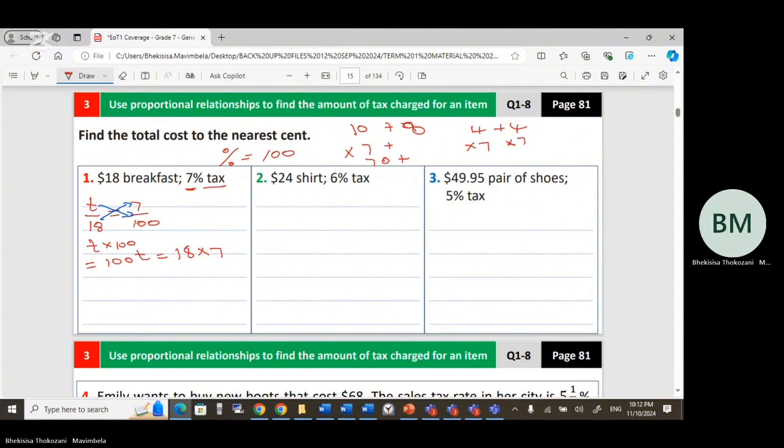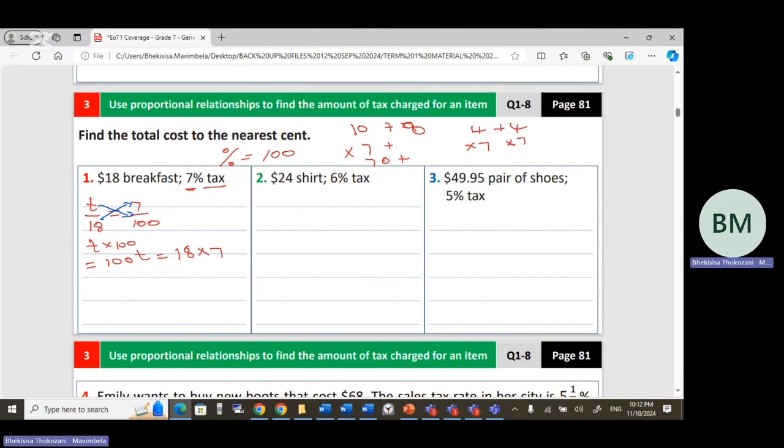So 4 times 7 will be 28, because this is double. So this is now 28 plus another 28 here. So we can just add 28 plus 28.